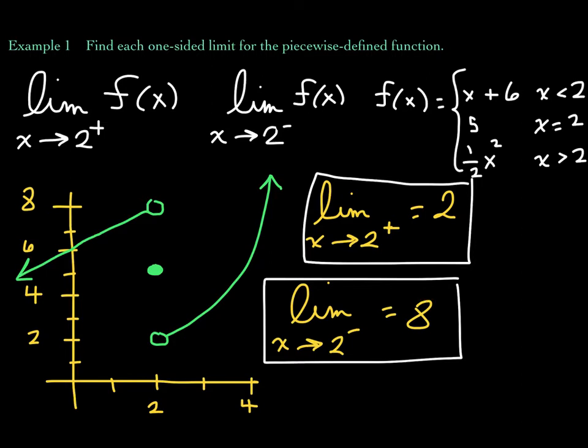Now, these one-sided limits exist. However, if I were to ask you for the two-sided limit as x approaches 2, you would say it does not exist, because in order for a two-sided limit to exist, the function values have to be approaching the same real number value from both sides of 2.